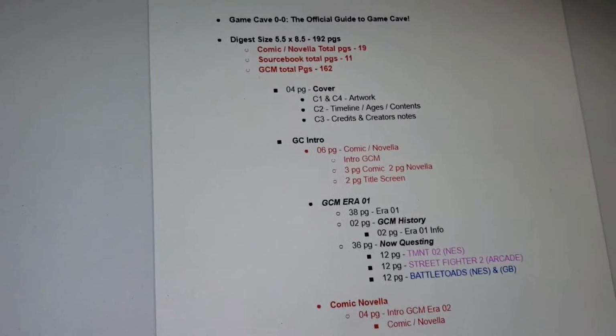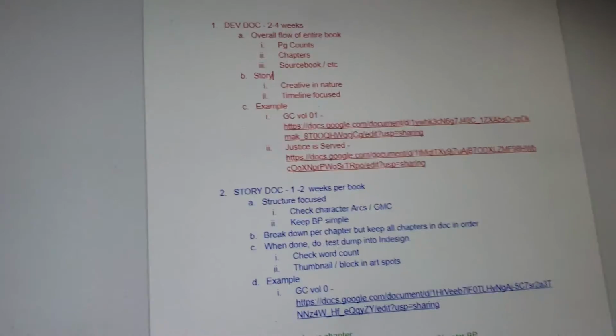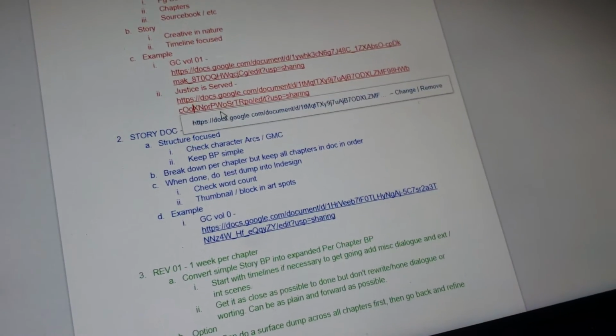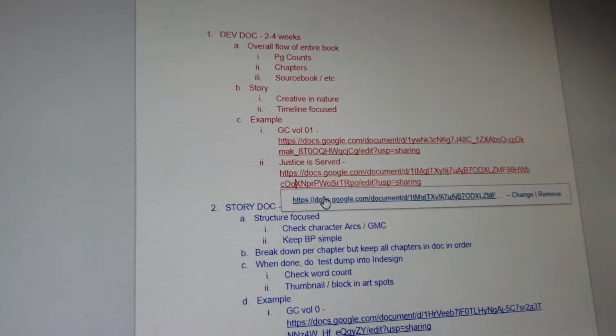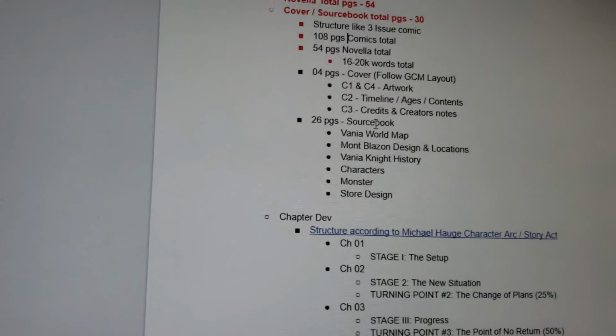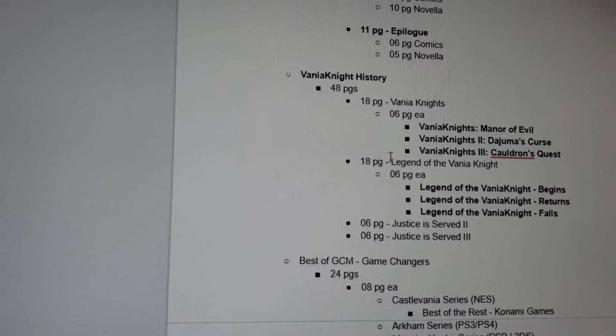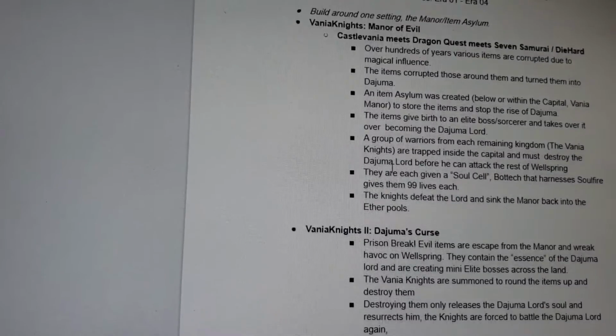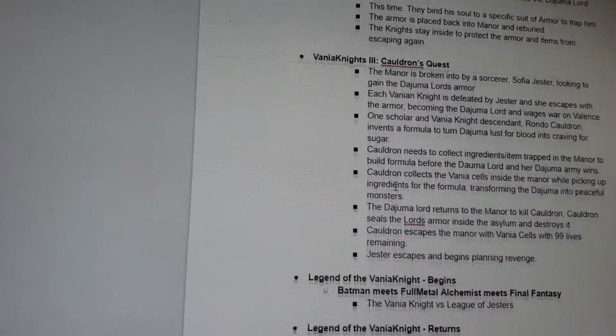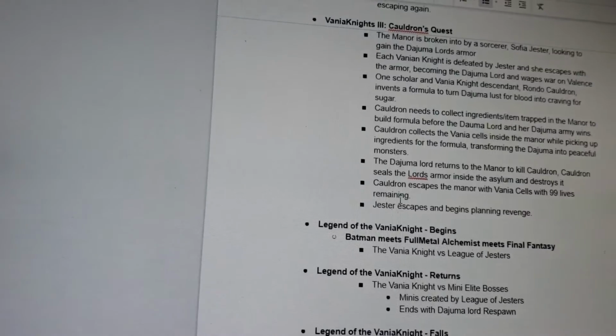When I get that development doc, now sometimes this is pretty basic. I'm going to show you previews for a story that I have never talked about before called Justice is Served, and kind of show you a more crazy version of this development document where I get into literally an entire character's history, everything I ever want them to do, all the books maybe they have ever been in.